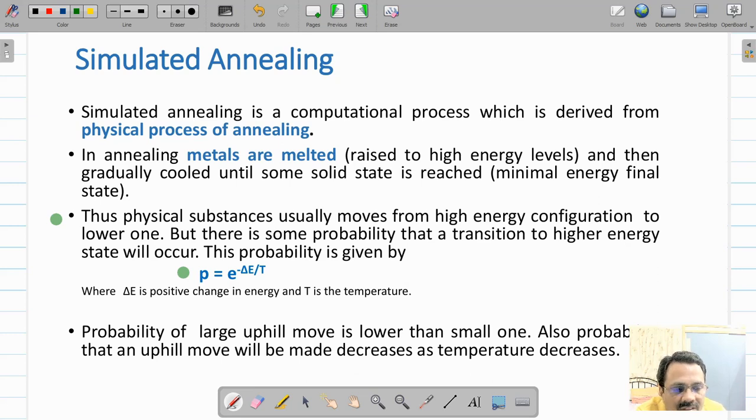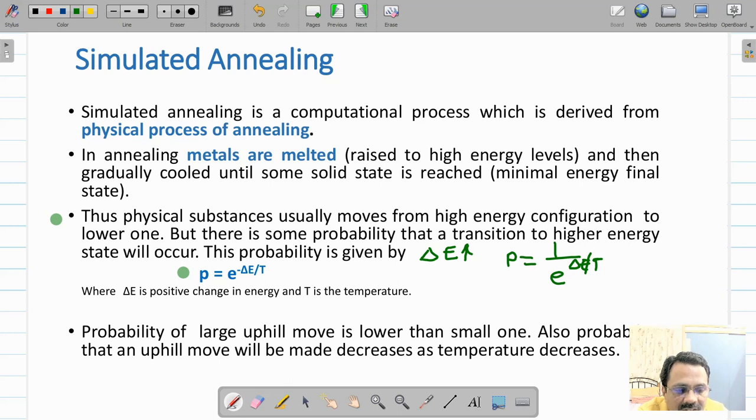Now if you observe this equation, you will find that if suppose this delta E is high, that means more, then your formula will become, if you rewrite it, P is equal to 1 upon e raised to delta E by T. So if this delta E is more, what will happen?